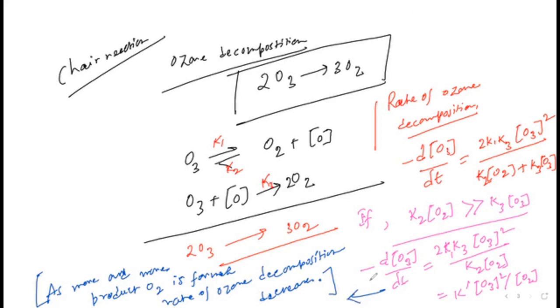As more and more product is formed, O2 is formed. See, look at this. O3 is what is decomposing, O2 is increasing, and O2 is in the denominator. If O2 is increasing, the rate also decreases. That's what, as more and more product is formed, the rate of ozone decomposition decreases. Understood? This is the significance. If the question comes, they'll ask you, if more product is forming, what is the rate of decomposition? You should always remember it will be decreasing.